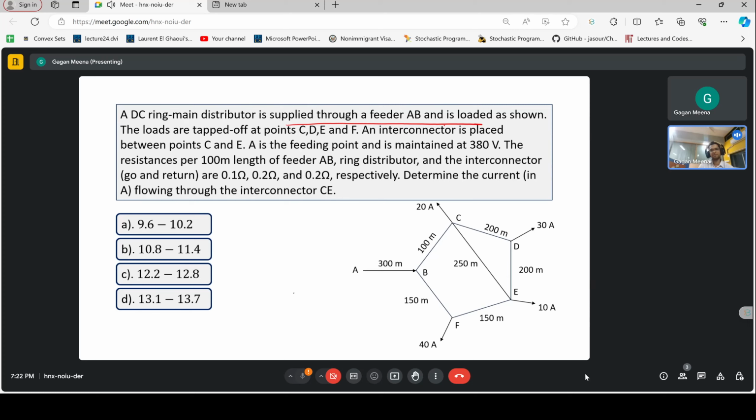So I is 20 plus 30 plus 10 plus 40. It is 100 amperes.